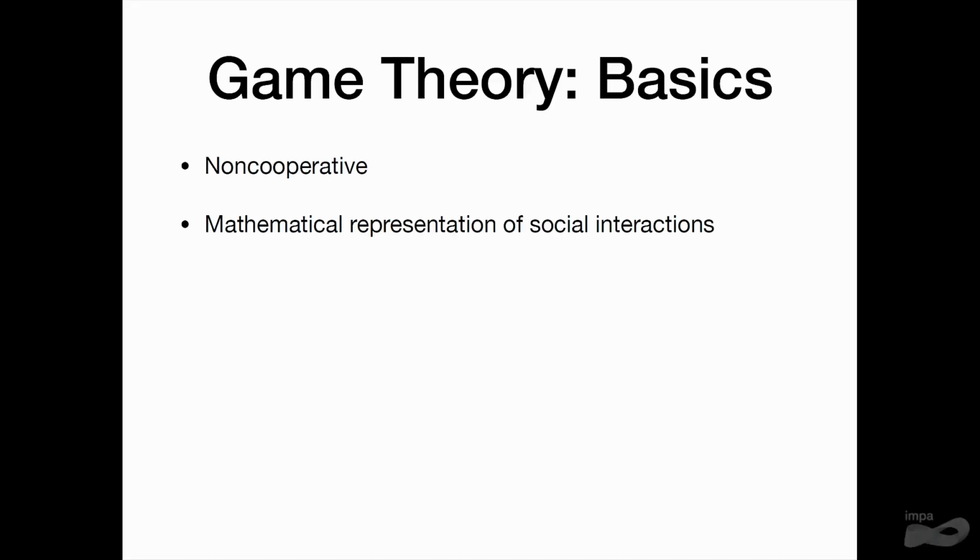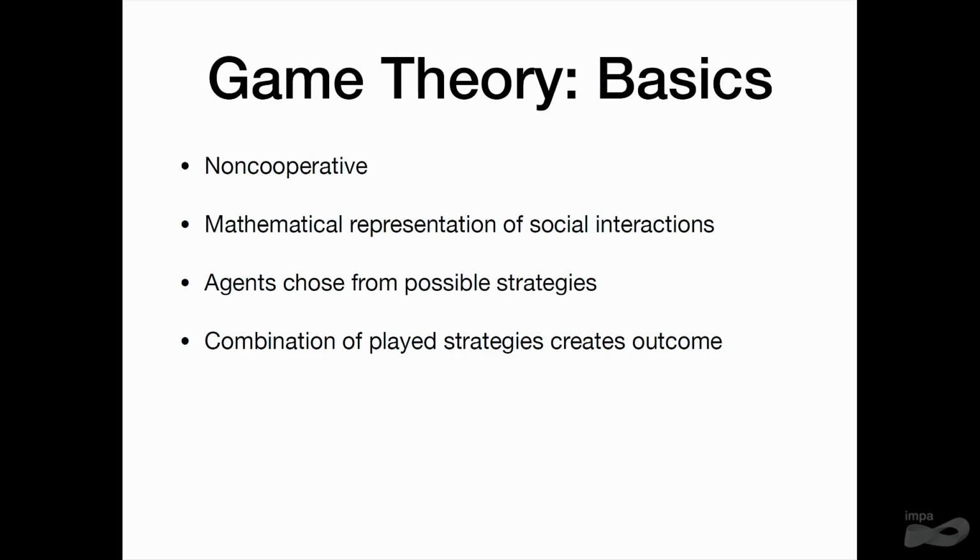And so game theory, you can think of it basically as a mathematical representation of social interactions. In these interactions, the agents participating in the interaction can choose from a possible strategy. And then the combination of the strategies everyone plays produces an outcome.